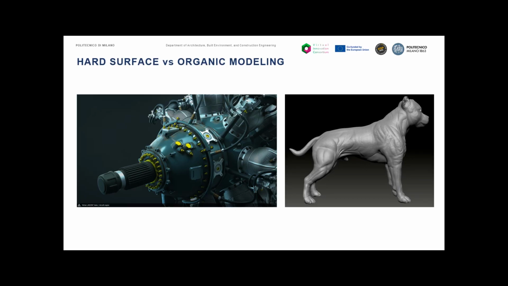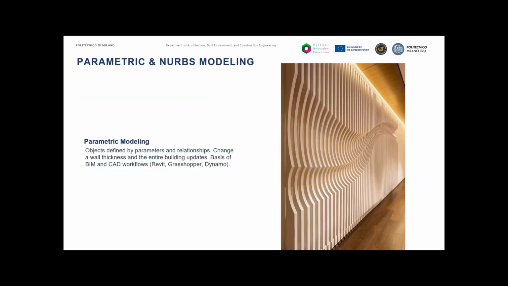But we also have other kinds of modeling, such as parametric modeling. It's very relevant in architecture and industrial design. Parametric modeling defines rules and relationships rather than geometry directly. Objects are driven by parameters. So by changing a wall thickness, the whole building will update itself. Changing a parameter is applied along the whole building.